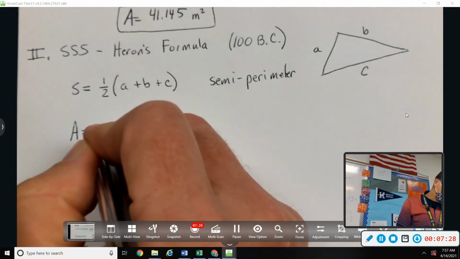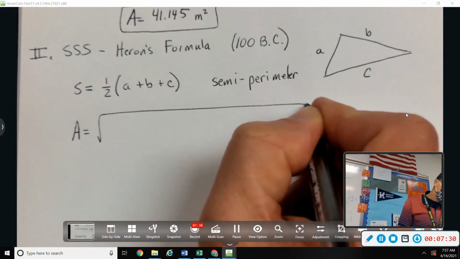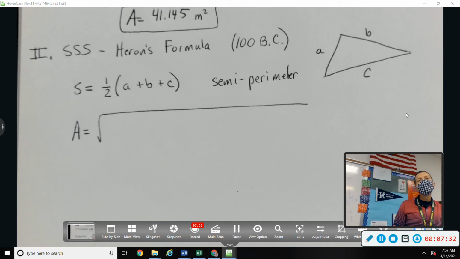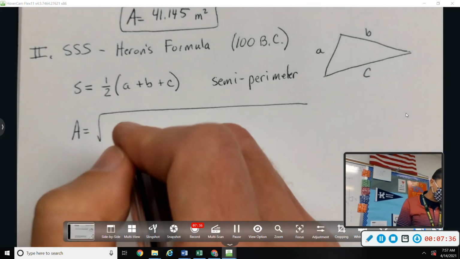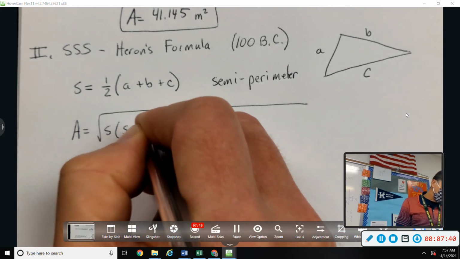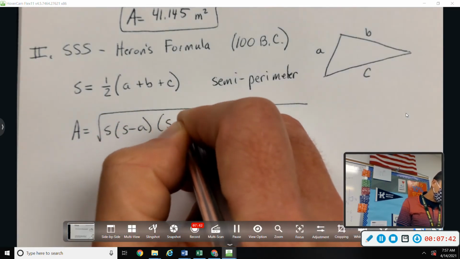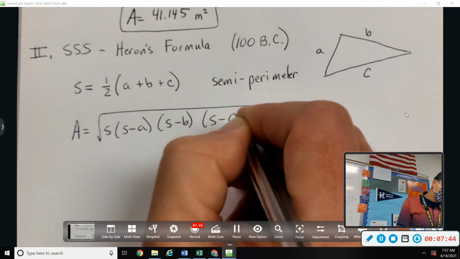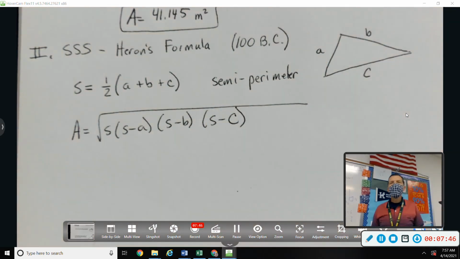And then the area is this big square root thing. But what's inside the square root is really not that complicated. S times S minus A times S minus B times S minus C, where S is that semi-perimeter.